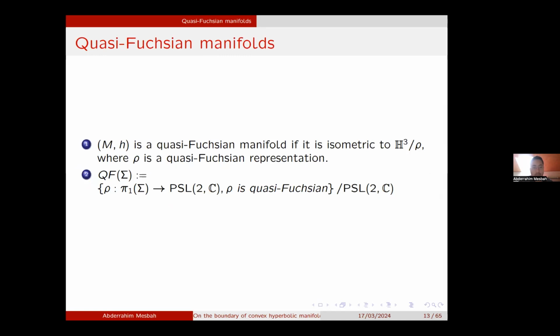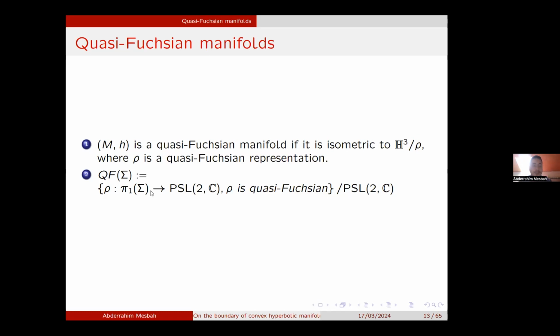And we define a quasi-Fuchsian manifold to be something isometric to the quotient of H3 by a quasi-Fuchsian representation. And then we define the set of quasi-Fuchsian manifolds to be the set of quasi-Fuchsian representations modulo the action by conjugation of PSL2C.